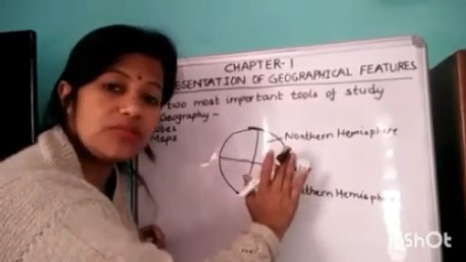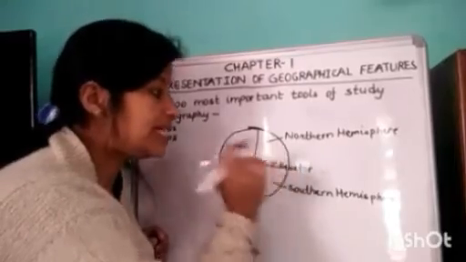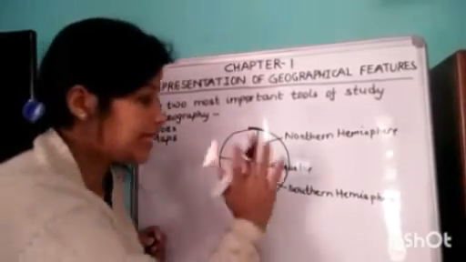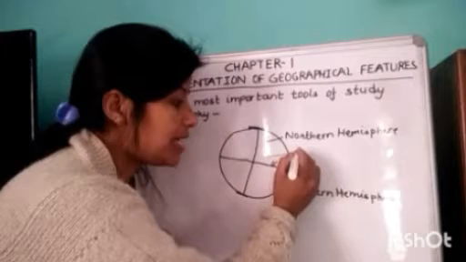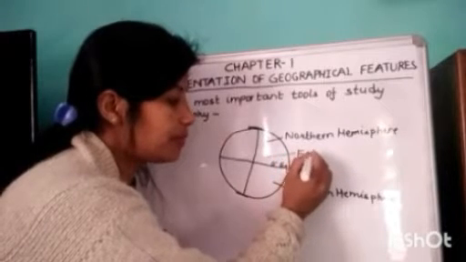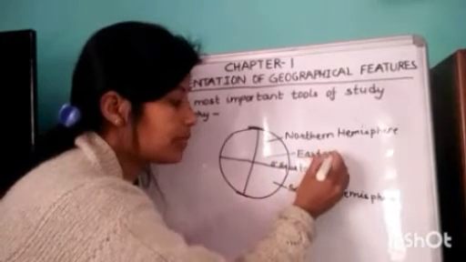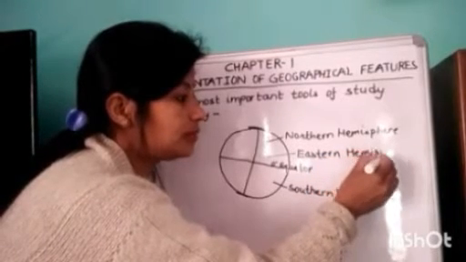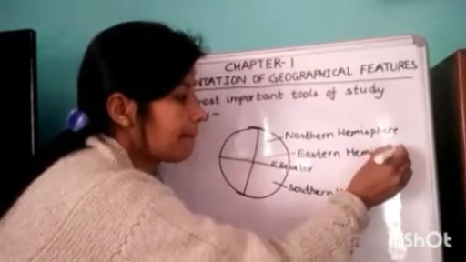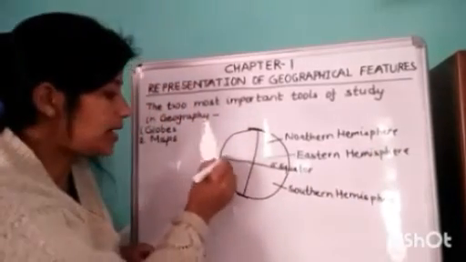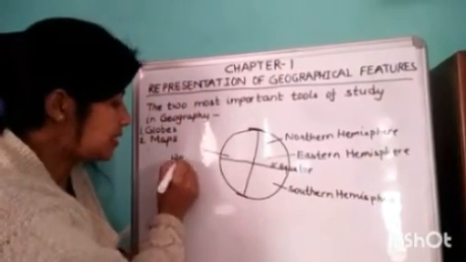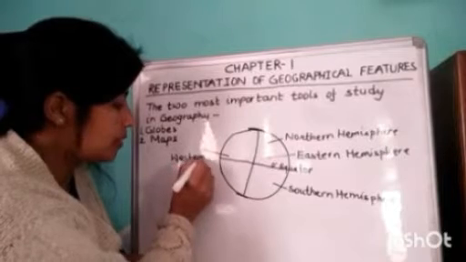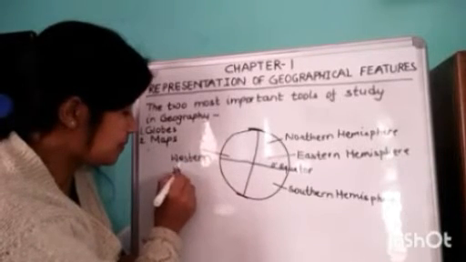This hemisphere is which hemisphere? Eastern hemisphere. And this part is what? Western hemisphere.